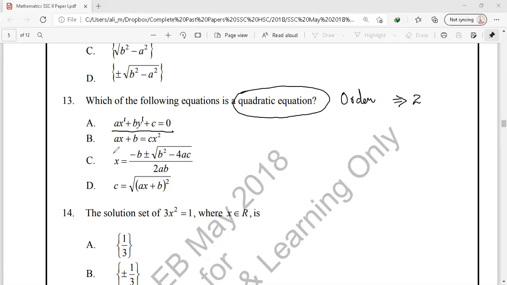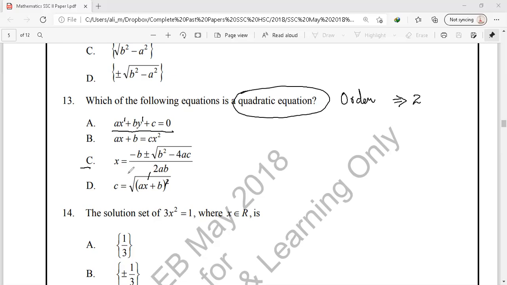Similarly, in the fourth part of the equation, the square and root will be cancelled out with each other. So this expression will become linear, while this C is a quadratic formula in which A, B, and C are constants.